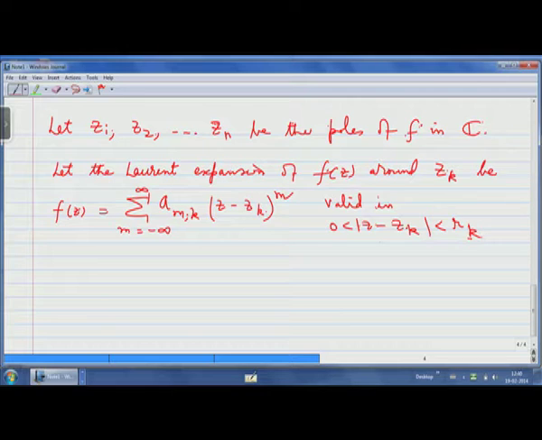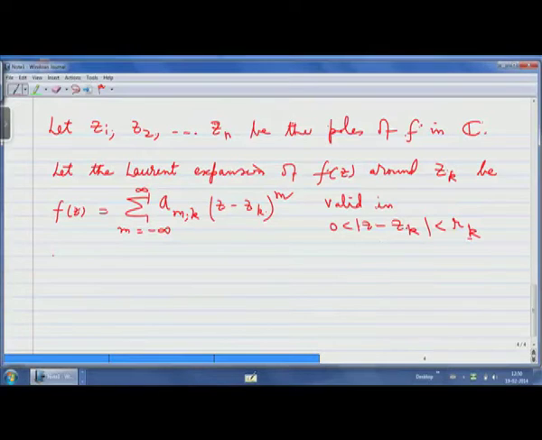And what is the principal part at zk? It is going to have only finitely many terms, and the highest negative power of z minus zk you are going to get is going to be the order of the pole of f at zk.